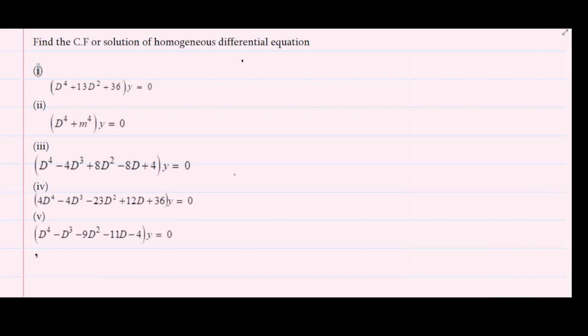Okay, now solutions. So we will start with the first one. D to the 4 plus 13 D squared plus 36 y is equal to 0.